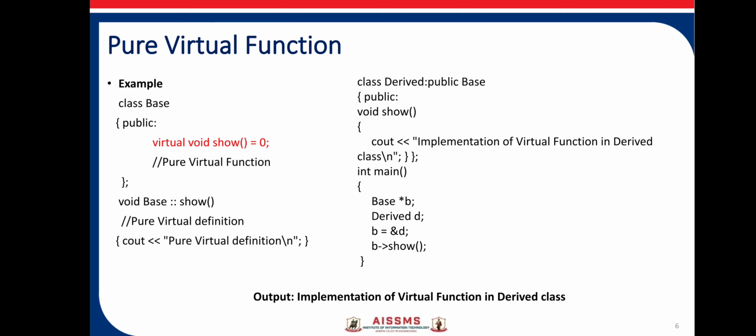After the closing of class base, we define it. To define a function outside the class, if that same function is declared inside the class, we need to use the scope resolution operator. So the statement is void base scope resolution operator and the function name is show.